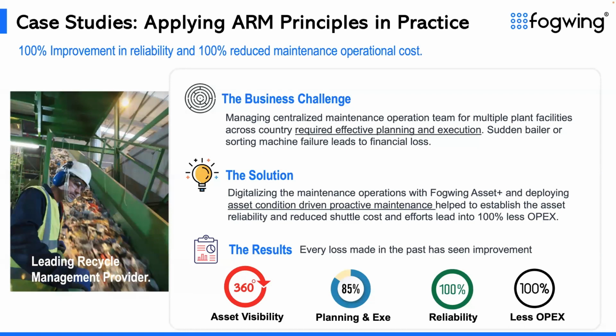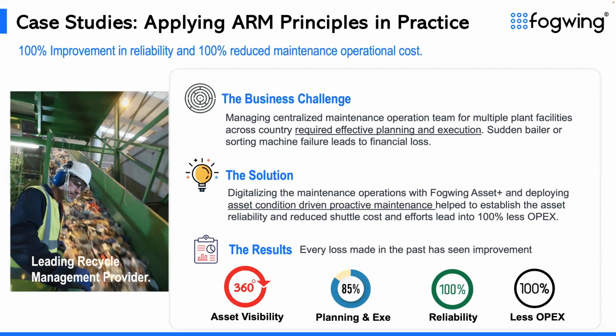The challenge for them is they have multiple plants across different regions and a centralized maintenance team. Team availability at a particular place and time is very important, they cannot allow any downtime, and they conduct extensive preventive maintenance activities, traveling between places.